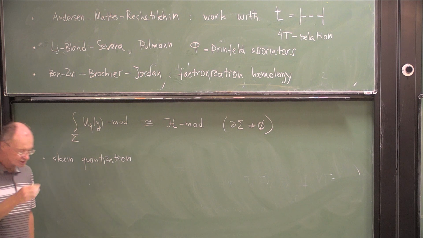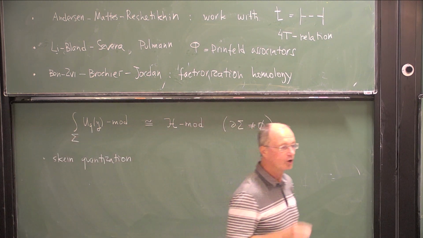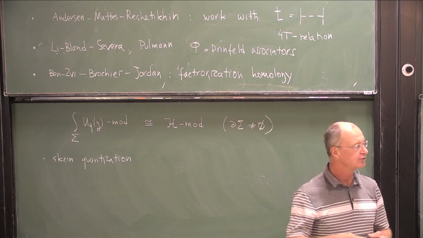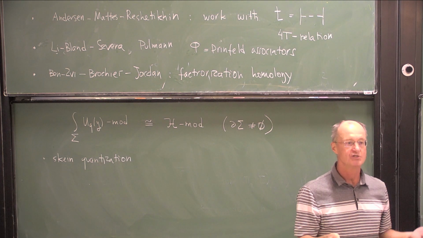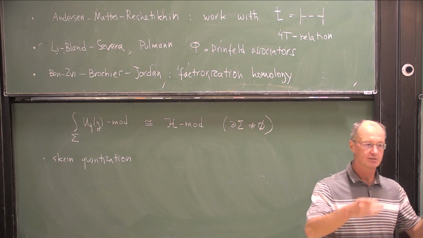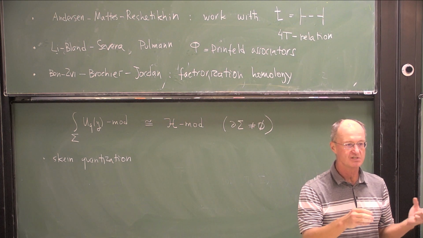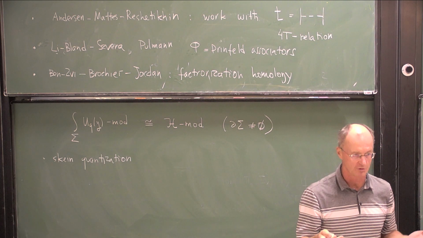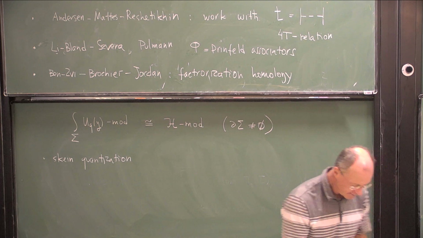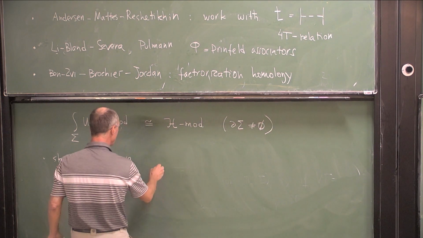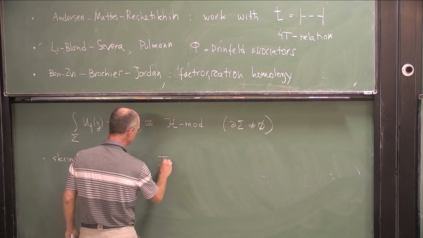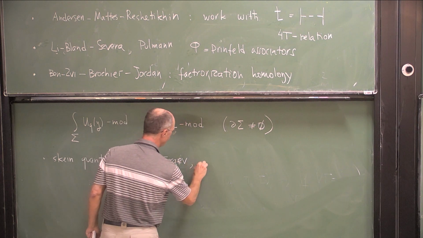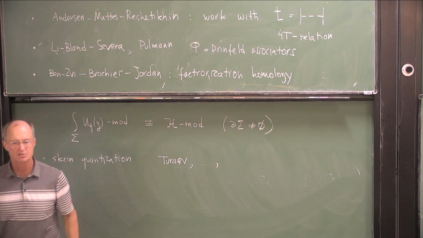Skein quantization is the idea that you take the Goldman Lie algebra, the Lie algebra that you start with, and you try to promote it into an associative algebra by replacing all those resolutions of singularities by skein relations from knot theory, from the Jones polynomial, basically. So I think it was pioneered by, okay, there are many works. It was pioneered by Turaev many years ago.